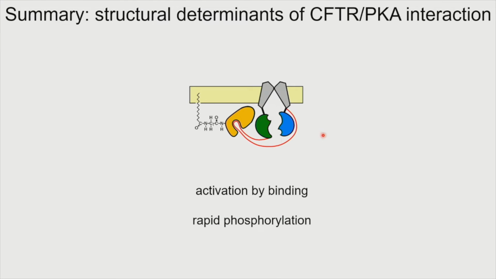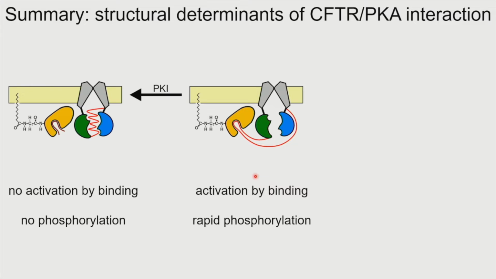So in summary, we have identified two important structural determinants of the CFTR-PKA interaction: a direct interaction between the PKA substrate binding region and CFTR, and the N-terminal myristoyl group. Both are required on one hand for rapid CFTR phosphorylation and on the other hand for reversible CFTR activation by PKA binding.